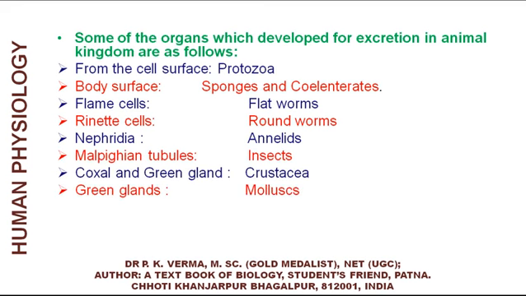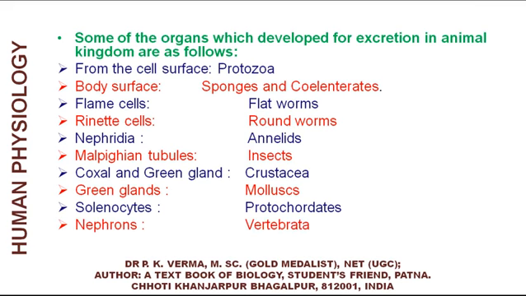In mollusca also green gland is present, but in protochordata, solenocytes are formed that look very similar to flame cells. In the vertebrates, however, well-organized nephrons and kidney have developed.